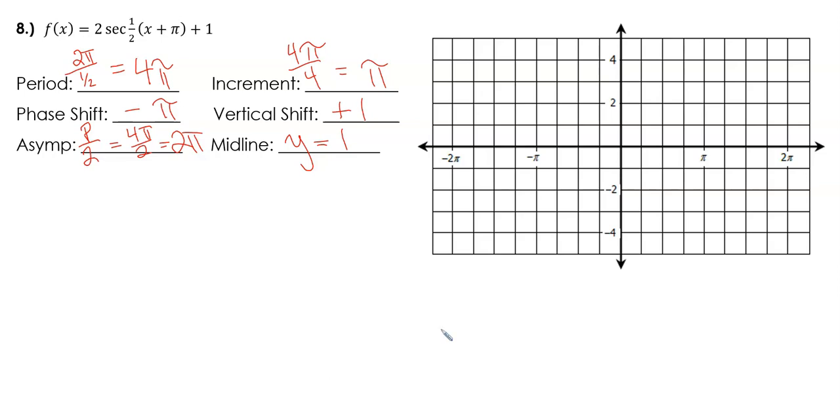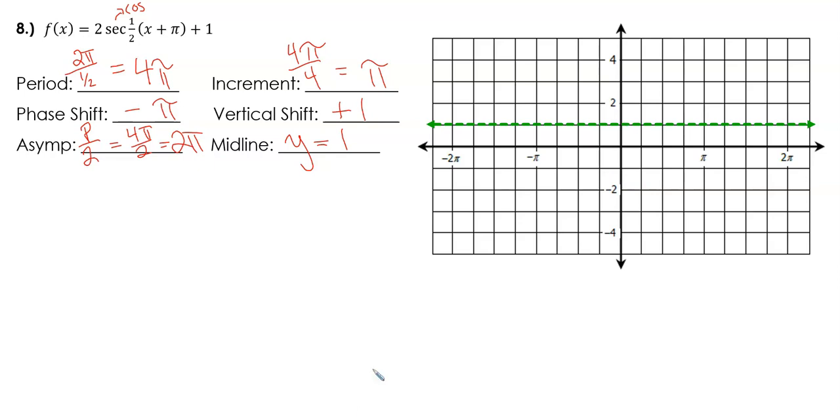All right, so again, just like we did before, we want to start with our midline. My midline is at y equals 1, so that's my midline there. Then we're going to graph cosine, and our cosine graph would have an amplitude of 2. So I'm not going to go more than 2 above the midline and 2 below the midline.